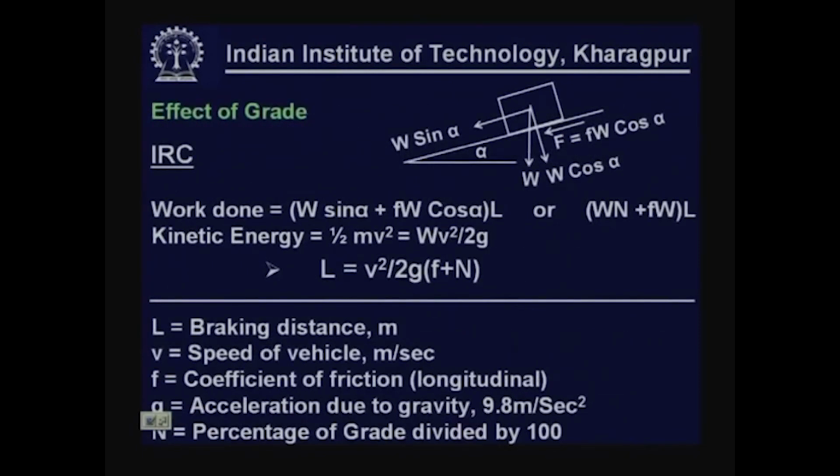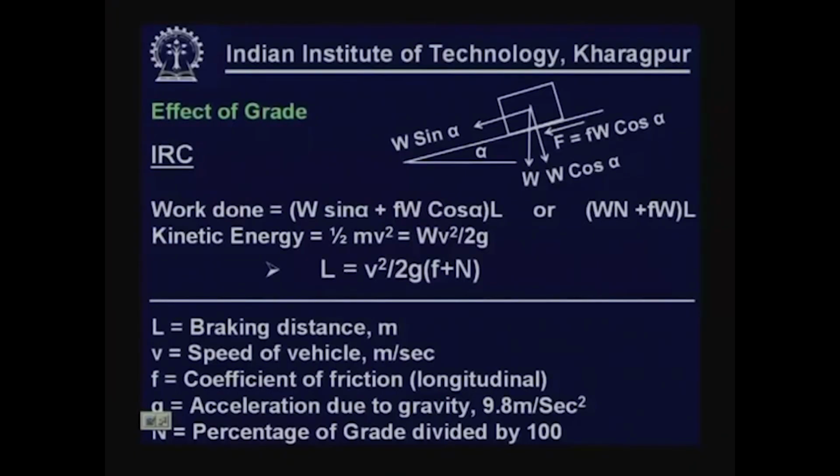What is the effect of grade on stopping sight distance? No doubt the stopping sight distance on grades will be different from what we got on level road. We can also estimate or calculate the effect of grade on stopping sight distance.